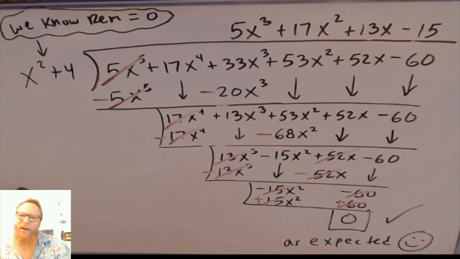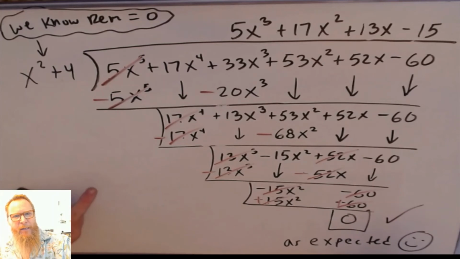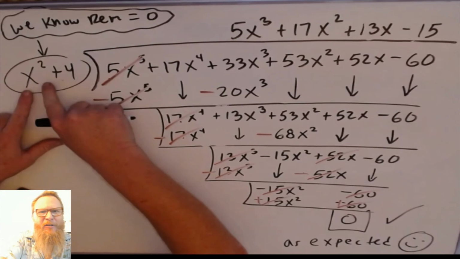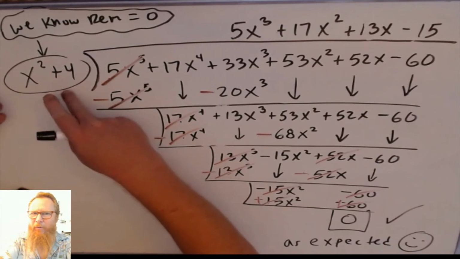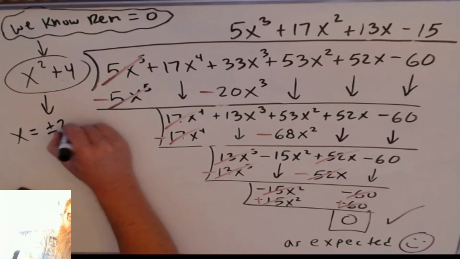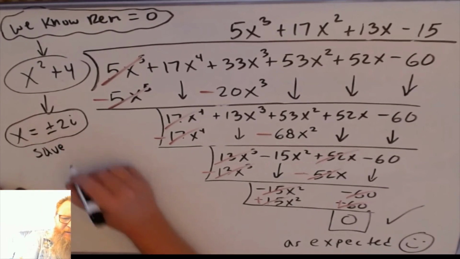All right, now we are by no means done. We just have taken a large, what's called a quintic, that's a 5th degree polynomial, and we've broken it down into a 2nd degree, which we've already solved. I'm just going to write plus or minus 2i, and I'm going to save that for later.